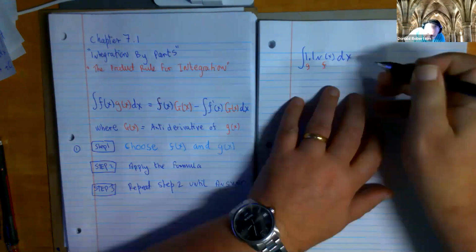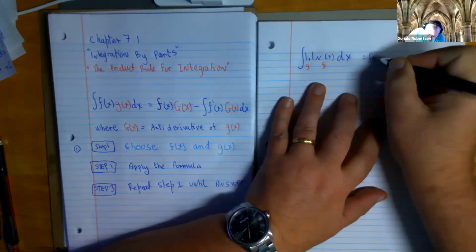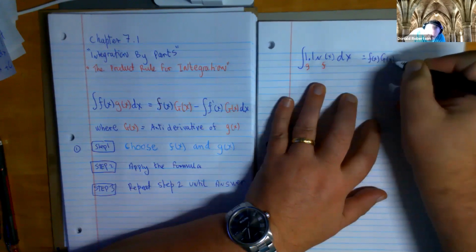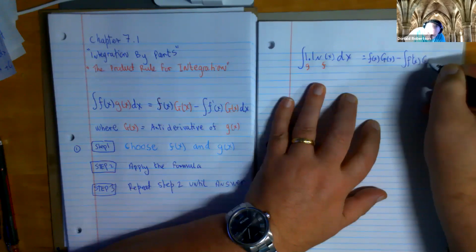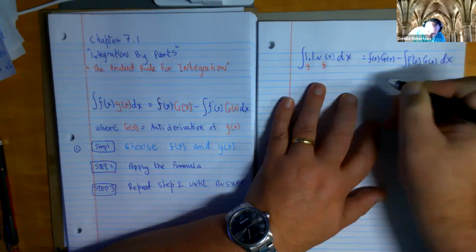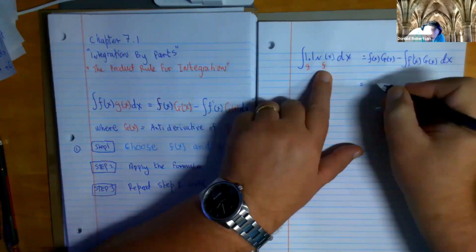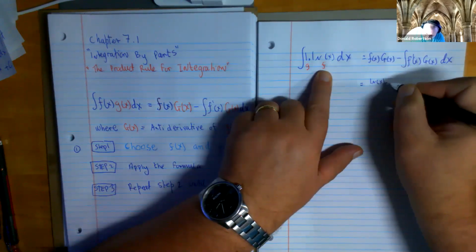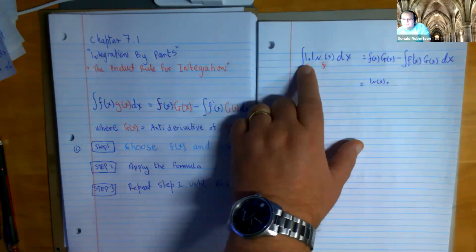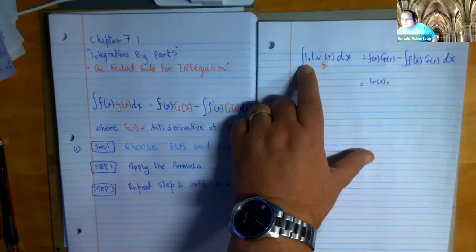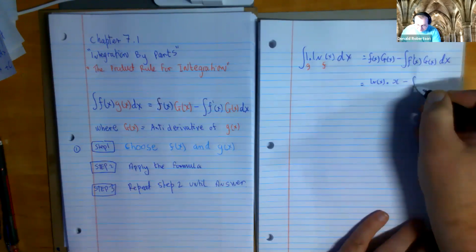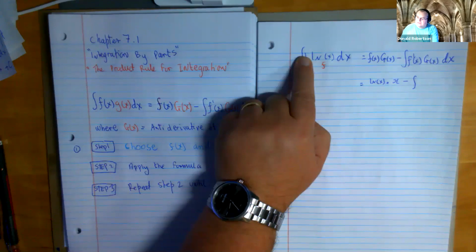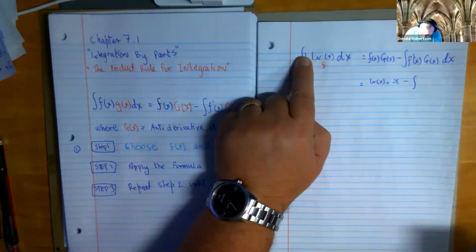So this is going to become f of x, capital G of x, take away f dashed x, capital G of x, dx. That guy gets left alone, right? And what is the antiderivative of the number 1? x. Take away the derivative of log x. What is the derivative of log x? 1 over x.